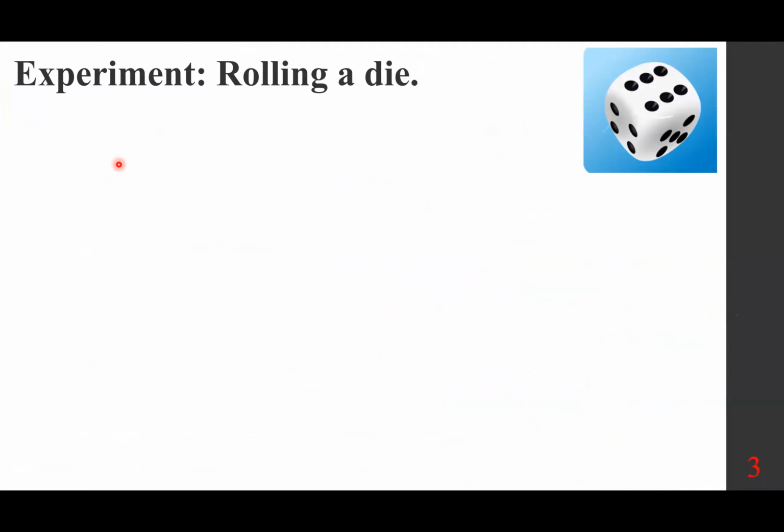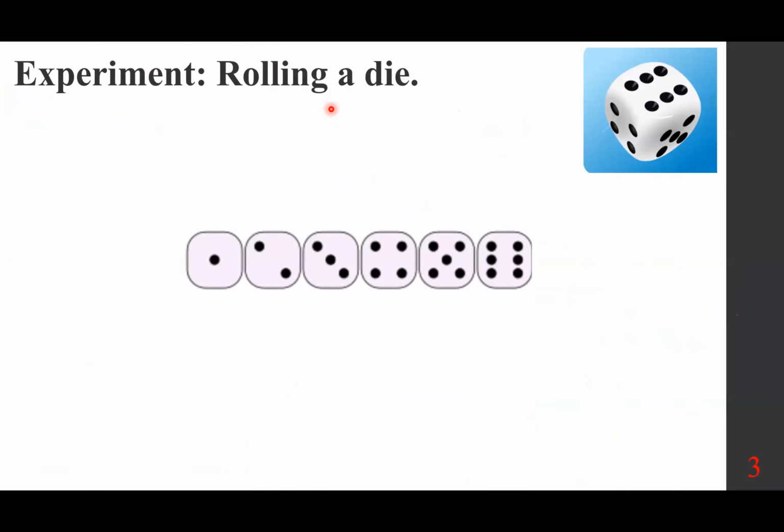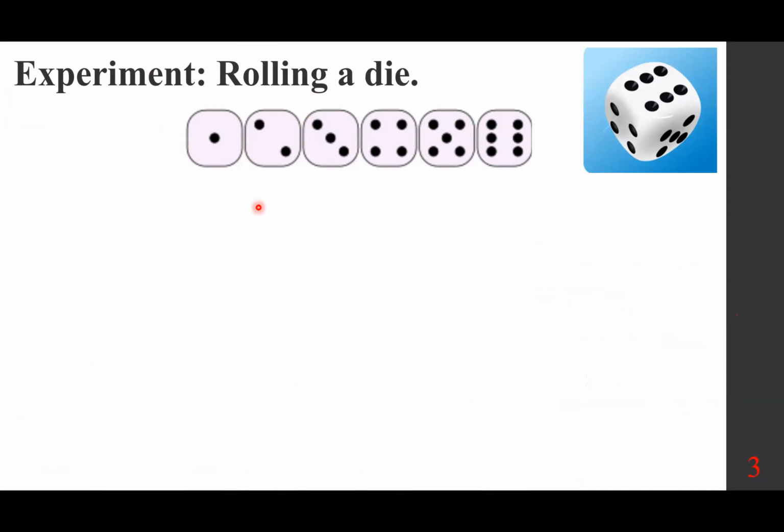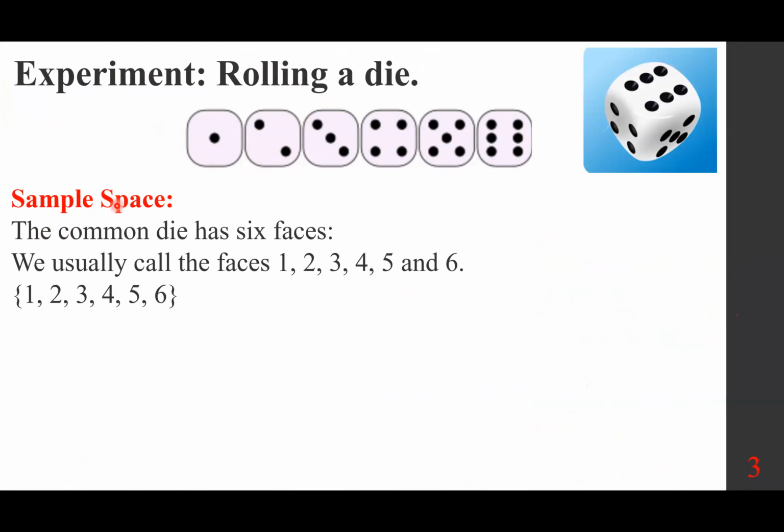As an example, when we look at an experiment of rolling a die, which is a fair 6-sided die, we have the following numbers: 1, 2, 3, 4, 5, 6. So the sample space for the common die that has 6 faces, we usually call the faces by their numbers, 1, 2, 3, 4, 5, 6. The sample space is 1, 2, 3, 4, 5, 6.